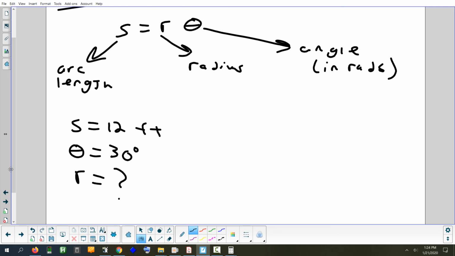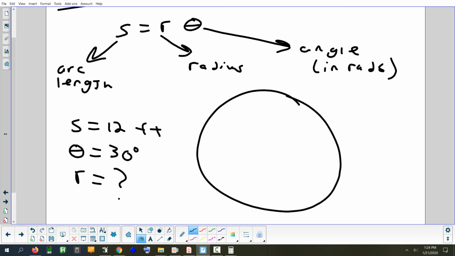Right, so visually, this is basically what we're doing. We've got a circle. Inside the circle, we have an angle that's 30 degrees. The length of the arc in green is 12 feet. I want you to find the length of the radius in blue.